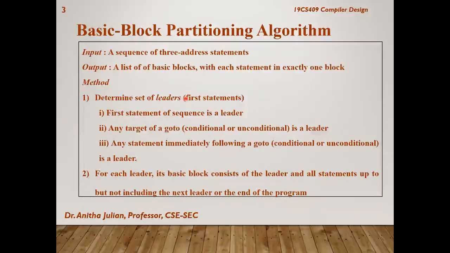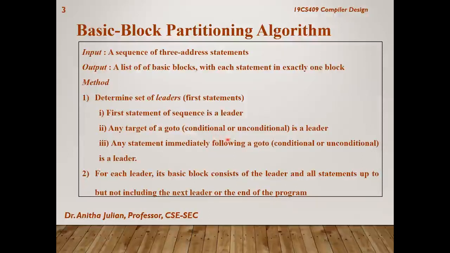First step is to determine the set of leaders. And in order to determine the set of leaders, we have 3 different criteria. The first criteria is the first statement of the sequence of the 3 address code is a leader. And then any target of a goto statement. In the 3 address code, there will be goto statements.